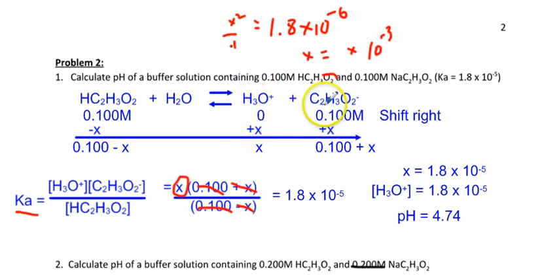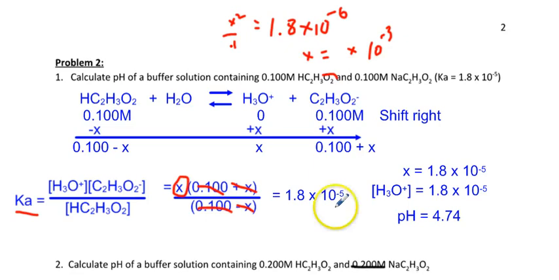So without this here, we would produce 10 to the negative third molarity of hydronium. With this already present, we are producing 1.8 times 10 to the negative fifth. So we're decreasing the amount of the hydronium ion by about 100, 10 to the second, because we have that conjugate base present.